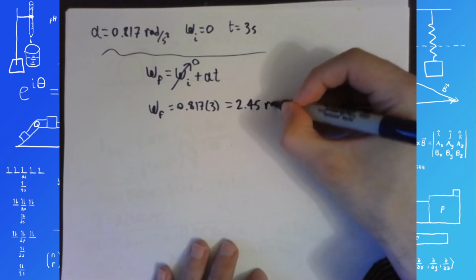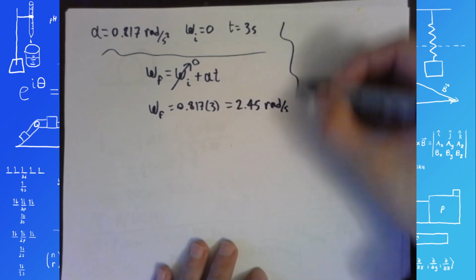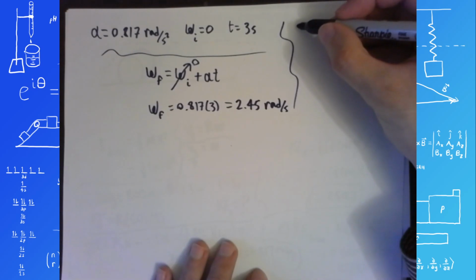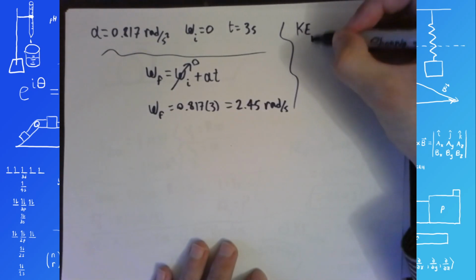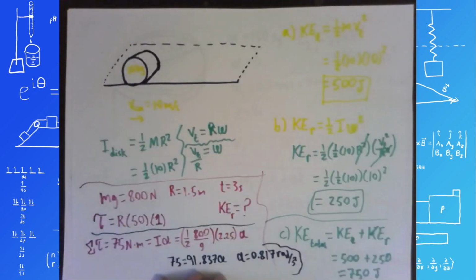2.45 radians per second. Now that we know this, we can calculate the final rotational kinetic energy. So that's going to be 1/2 times, oh, come to think of it, I guess we could have avoided substituting the moment of inertia until this point.